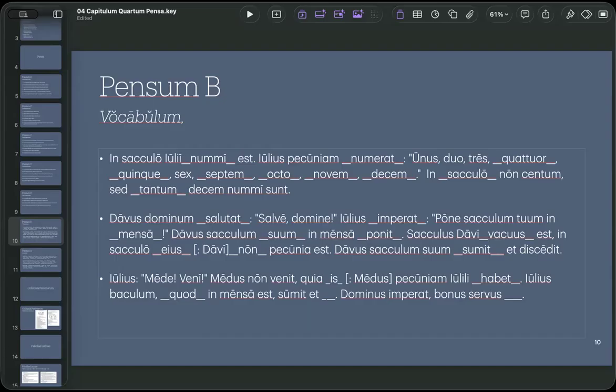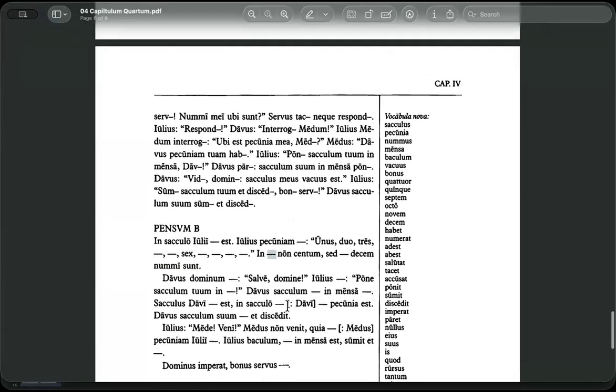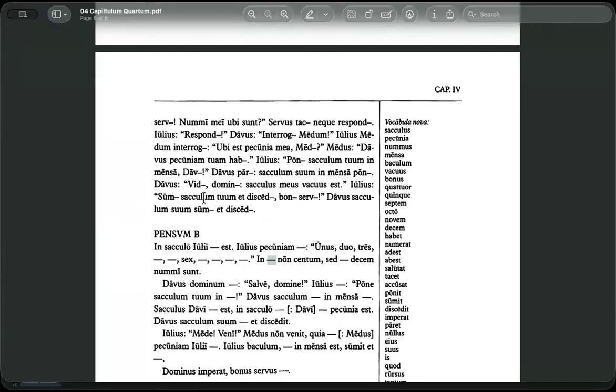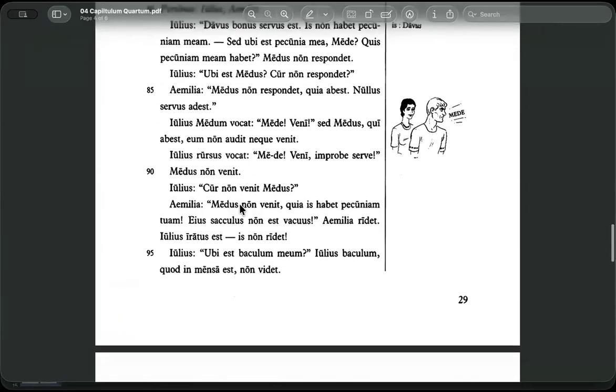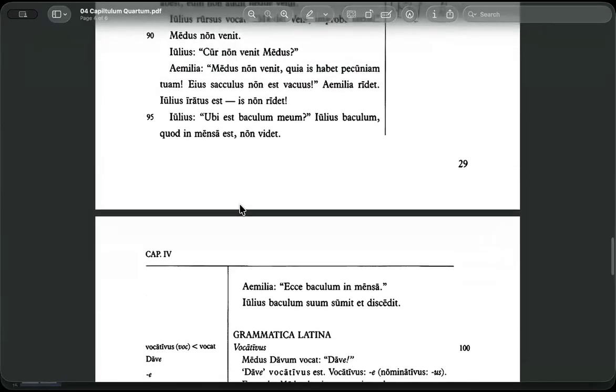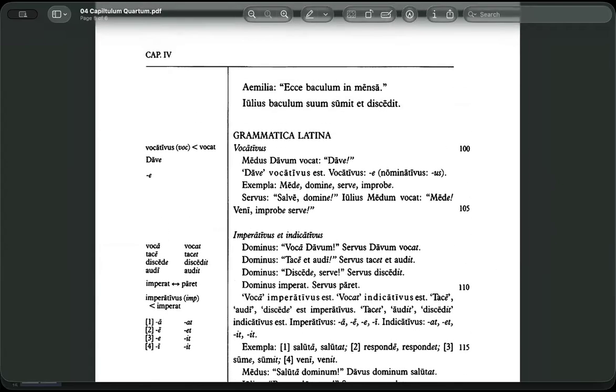Did he really? I'm not sure here. Julius. Whoops, that's the question. Now go to the story. Julius baculum quod mensa. Oh, is that what they want? That is not at all obvious.